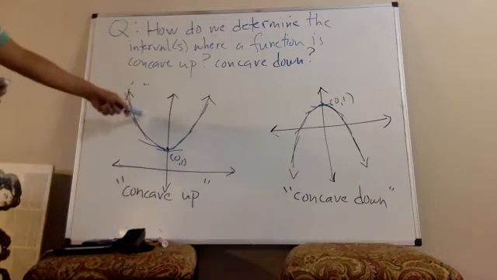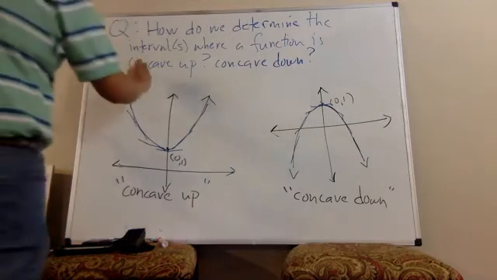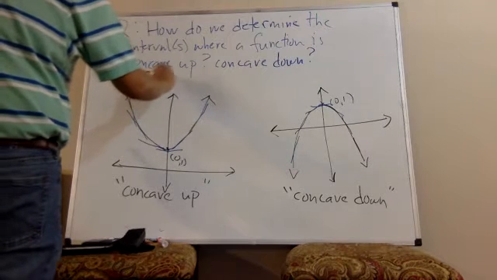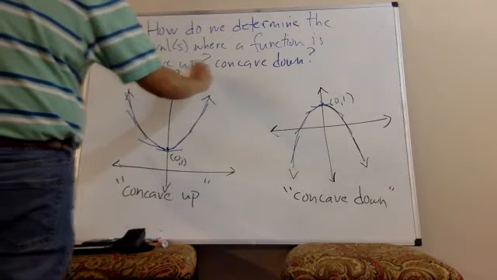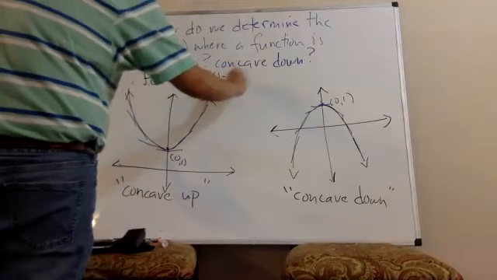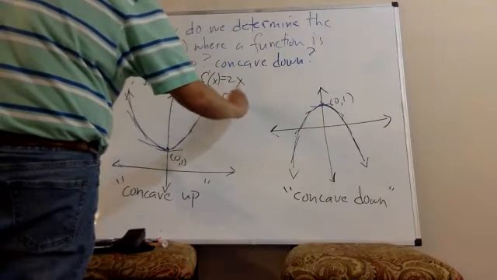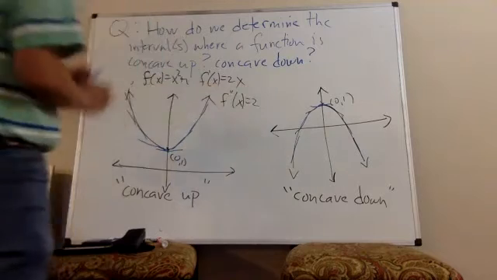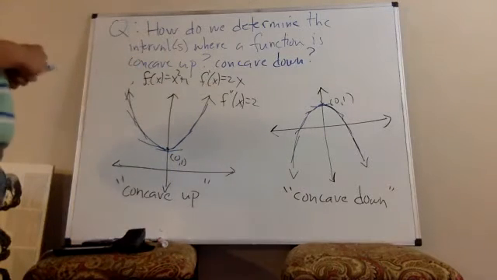Okay, and let's look at this function once again. Let me rewrite the function. f of x was x squared plus 1, and f prime of x was 2x, and f double prime of x is 2. Now, what did we say once again here?